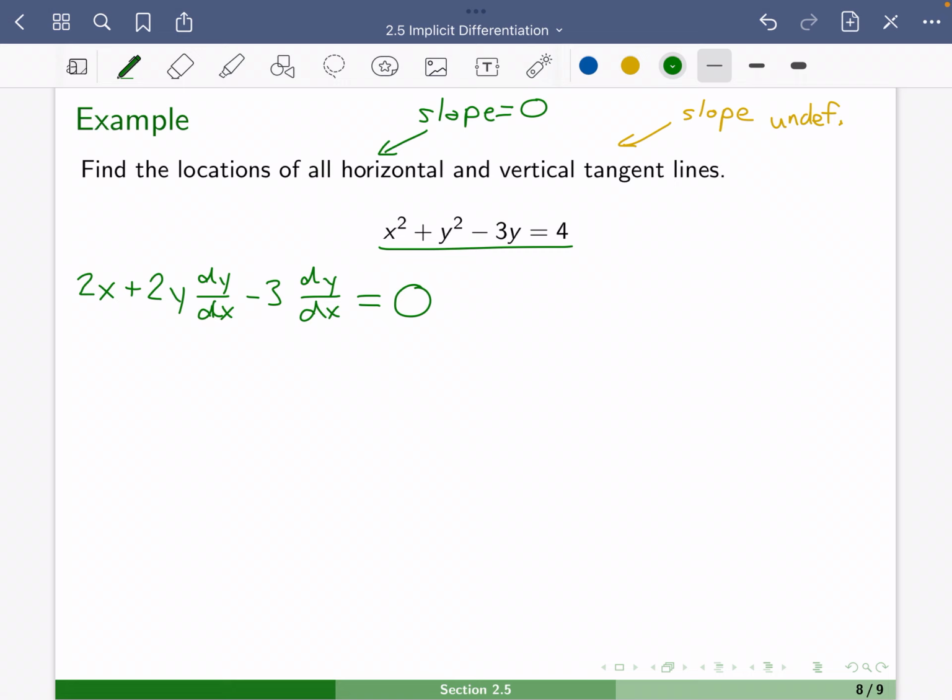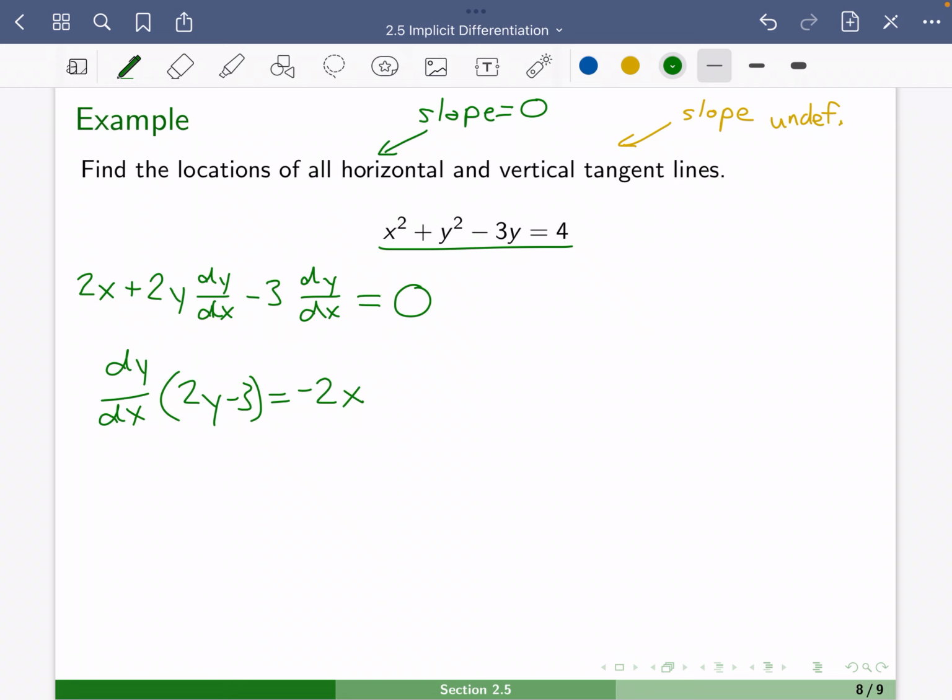Now, we want to solve this for dy/dx. So let's move the 2x to the other side. While I'm doing this, I might also factor out the dy/dx on the left-hand side. So we have dy/dx times (2y minus 3) is equal to negative 2x.